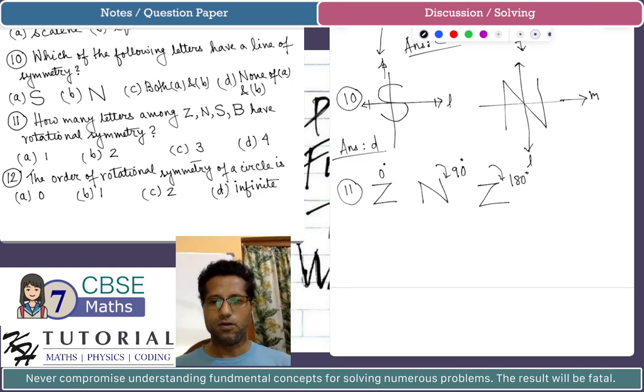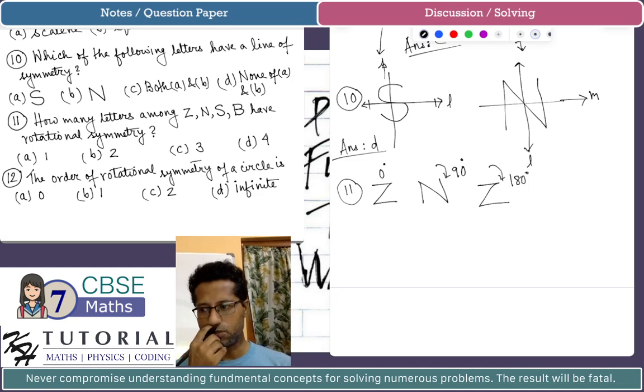Now again, the question is how many letters among these have rotational symmetry. To know whether a letter has rotational symmetry or not, we have to identify one angle greater than 0 degrees and less than 360 degrees at which the letter is looking identical.